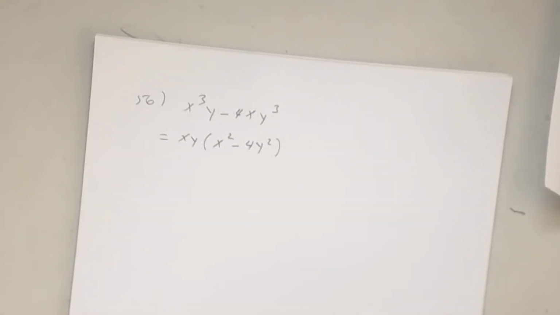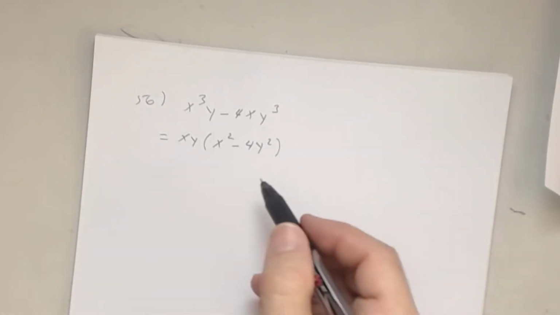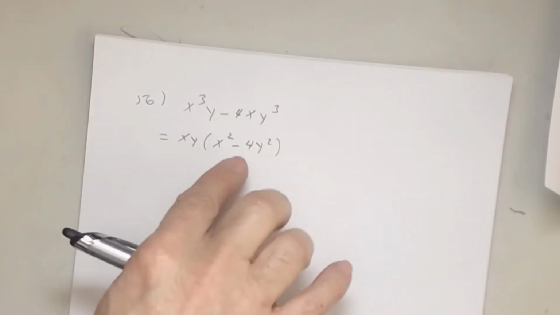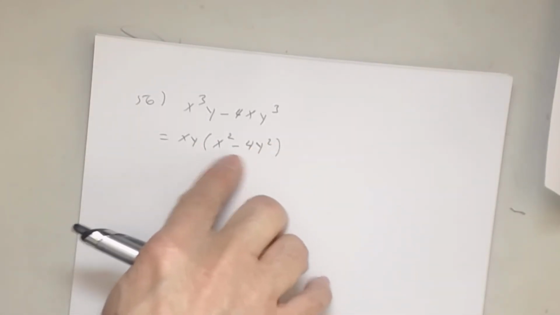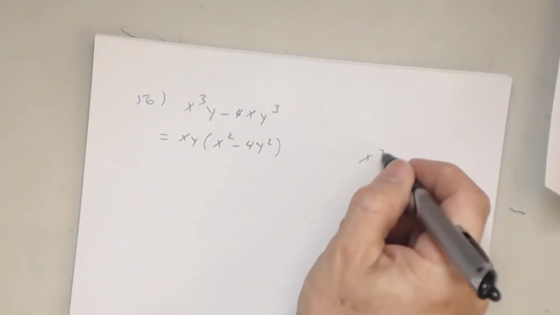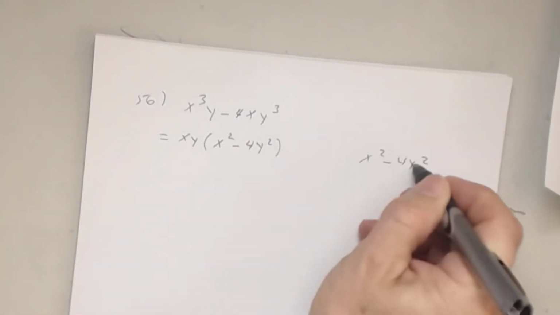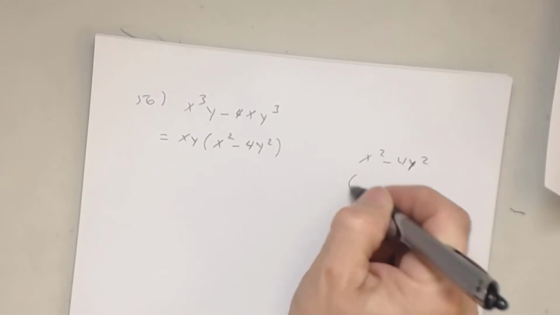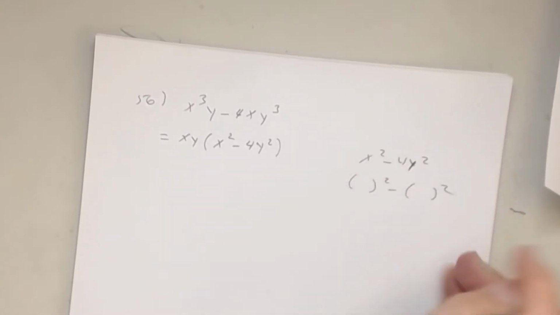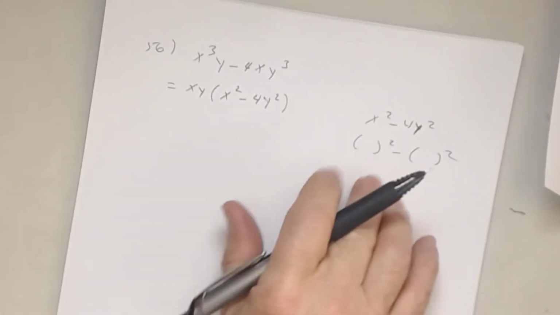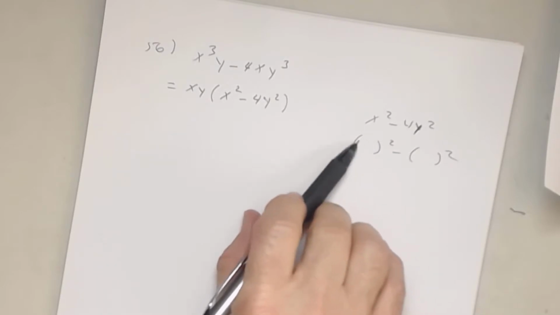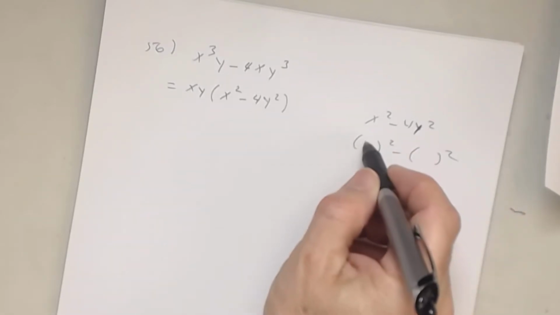If you can look at this and see how to factor that binomial, fine, but if you need to, rewrite it like this, and then in your mind you're thinking, what's going to go inside the first parentheses?